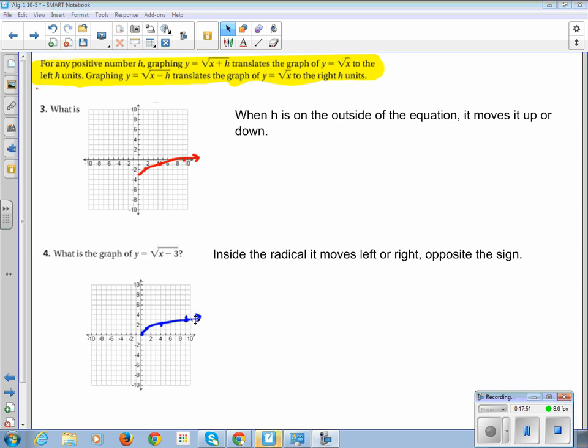So we take our parent function, and we move it 3 units to the right. And that's all we gotta do.